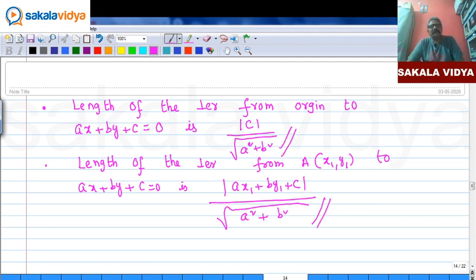Actually, these two are the formulae to find out perpendicular distance. So, perpendicular distances, understood now.